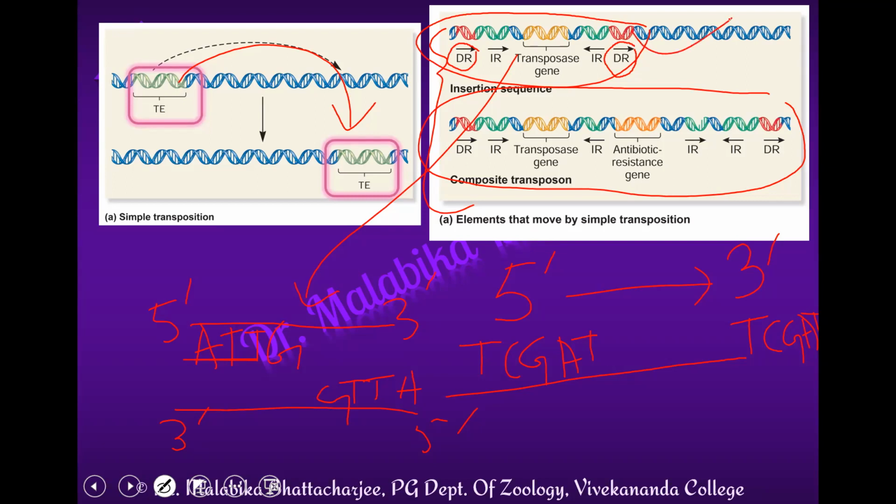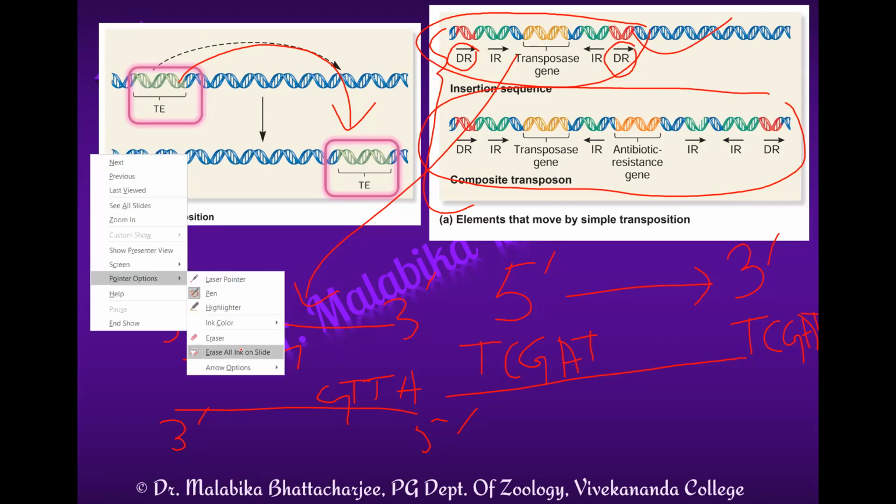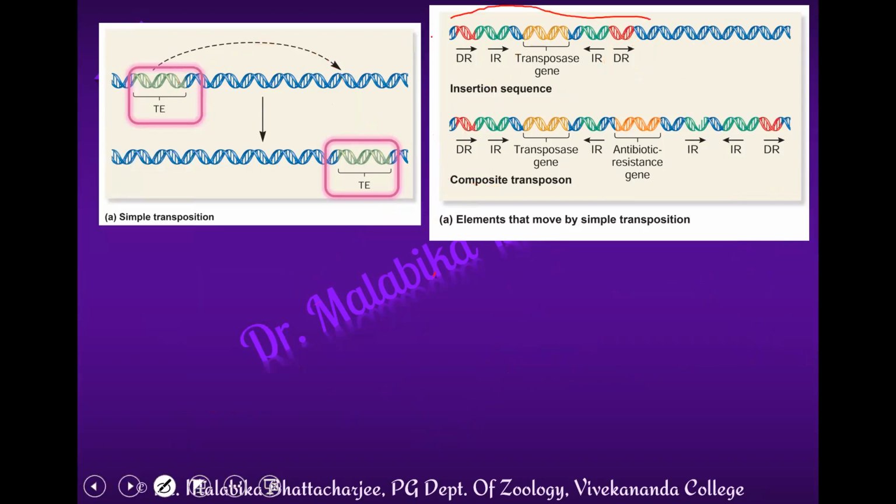If you see, this is a simple DNA sequence that has the capacity to jump. Now, the sequence that has the capacity to jump should have a gene that will facilitate its jumping and recombination or insertion into a new place.